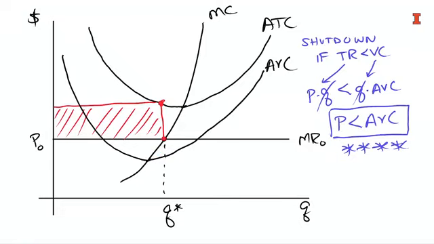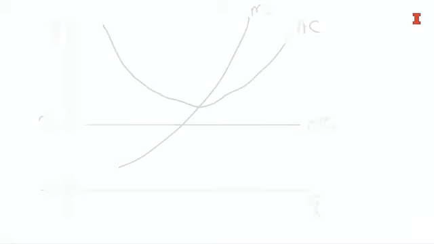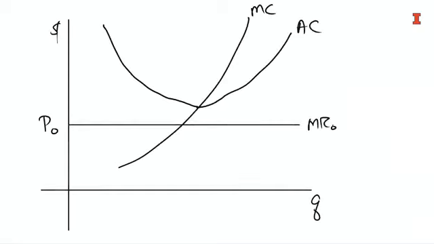Let me show you one last picture. And you can imagine what that's going to be. I'm going to show you the opposite situation. It looks like this. And that firm at profit maximizing output, where marginal revenue equals marginal cost, Q star, is losing money because the gap, price minus average cost, is negative.